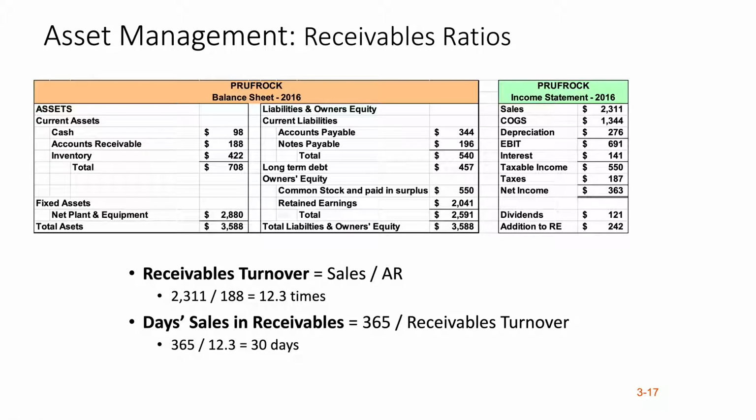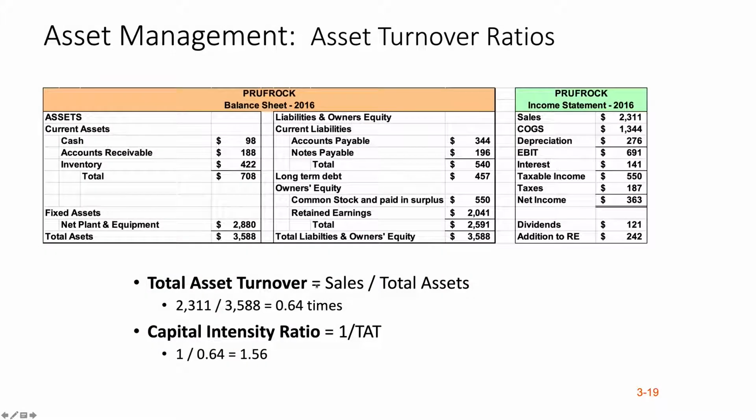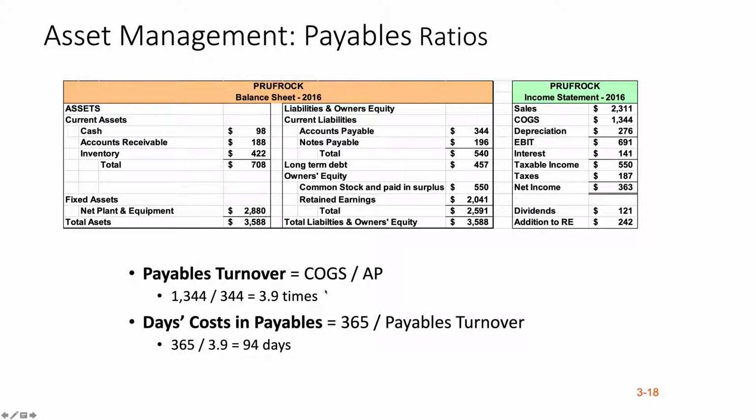So obviously, you want it as short as possible, right? But sometimes you need to give your customer credit for that. This is going to be a trade-off. The last but not least is accounts payable. You pay your vendors. Cost of goods sold divided by accounts payable, 3.9, in days, 94 days. You want that as long as possible so you can pay your suppliers a little bit later, okay?